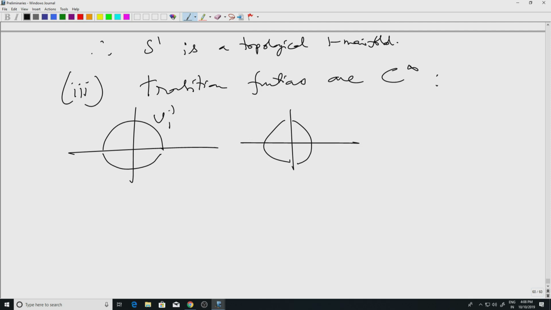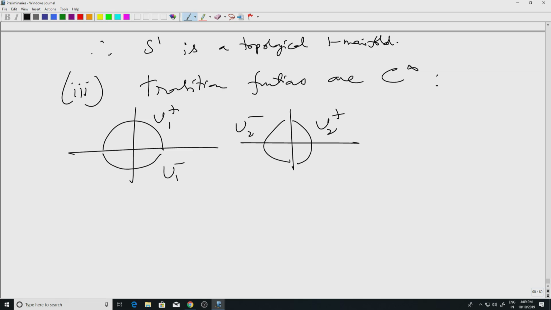So u1 plus, u1 minus, u2 minus, u2 plus. So I have 4 charts. Now transition functions are defined only when 2 charts have non-empty intersection. u1 plus and u1 minus do not intersect. Similarly, these two do not intersect.